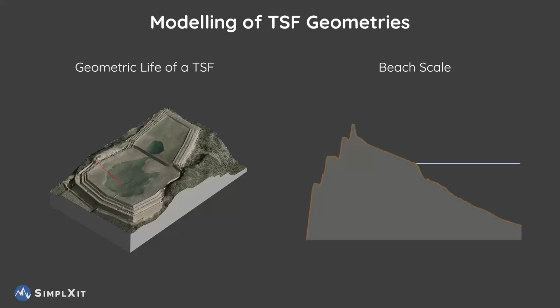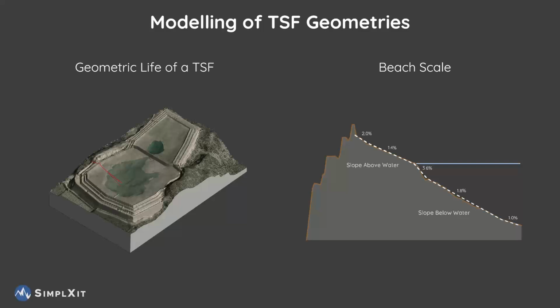And so instead of looking at the rheological level, we look at the beach scale. Once you have actual tailings, you can have your slope above water and slope below water that contain all the information about the hydraulics and the rheology of your material.